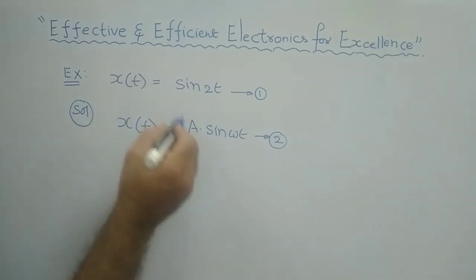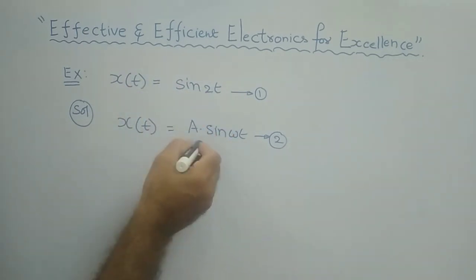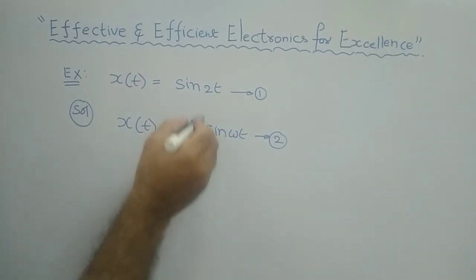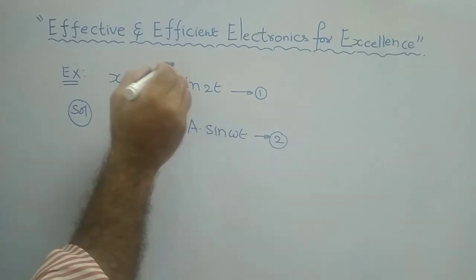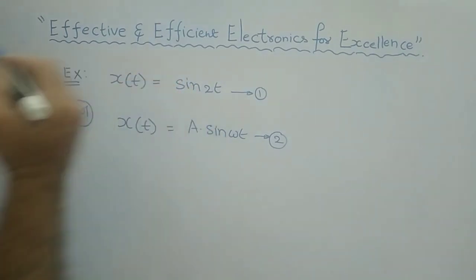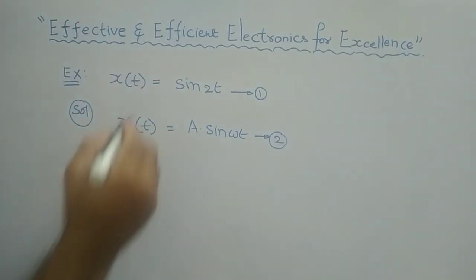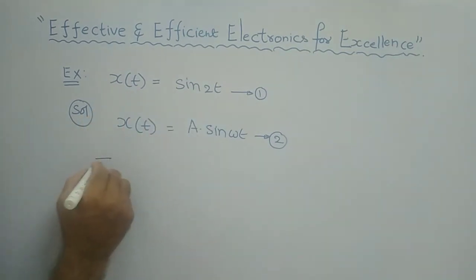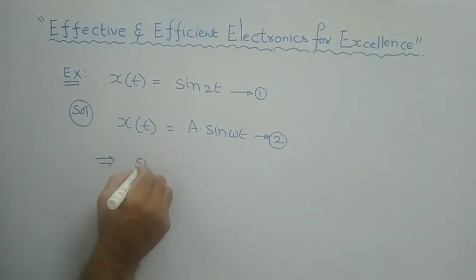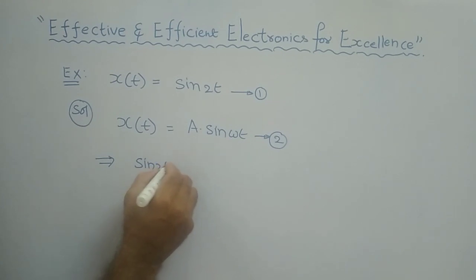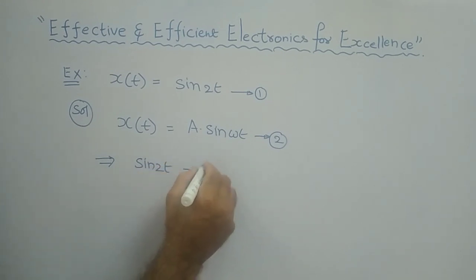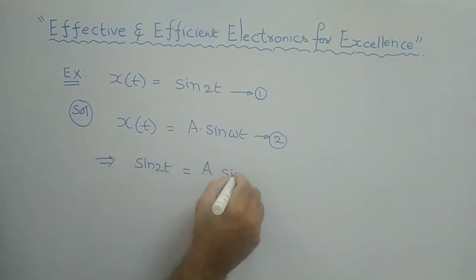Now you compare this sin 2t with this A sin omega t. The given problem must be equated with the standard form of the definition. So sin 2t is equal to A sin omega t.